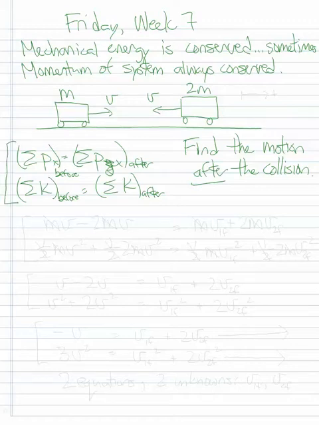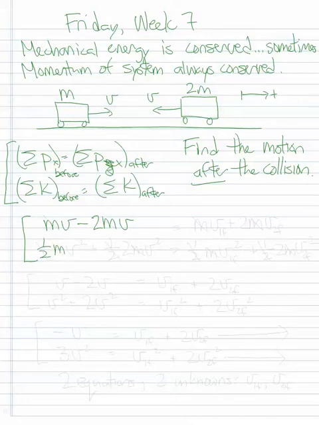We'll set up this system of two equations. And so my two equations are that I have an mv and an mv for the two carts. Now momentum is a vector, so if I choose positive to the right, that means that the 2mv cart is going to the left, so that's a negative direction.